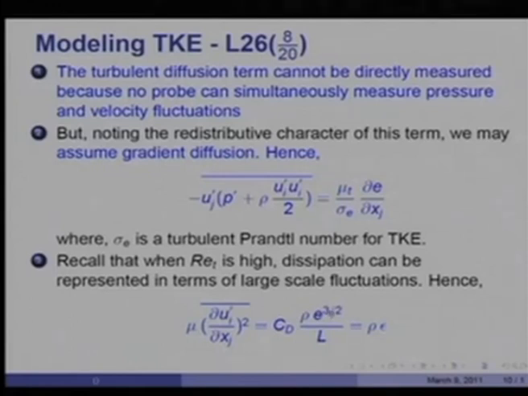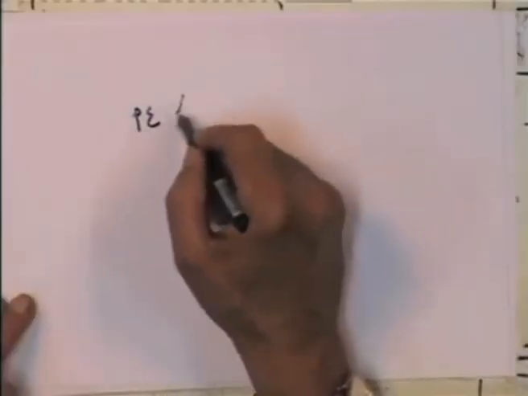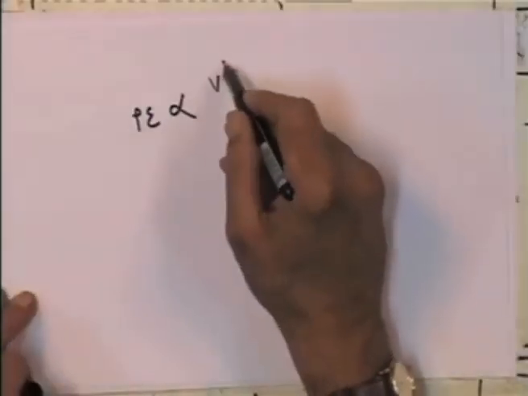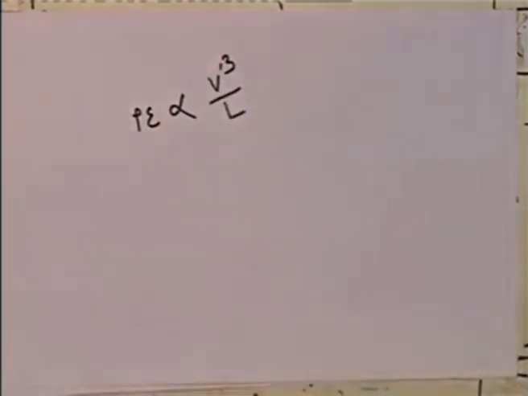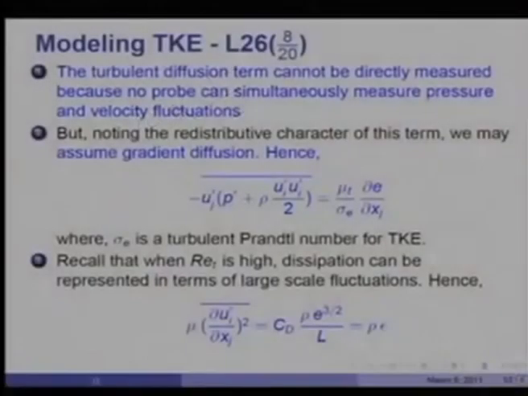If you recall, we had said that rho times epsilon should be proportional to V prime cubed divided by L, and that is what I am writing here. V prime being square root of E, that is equal to rho E raised to 3 by 2 by L.